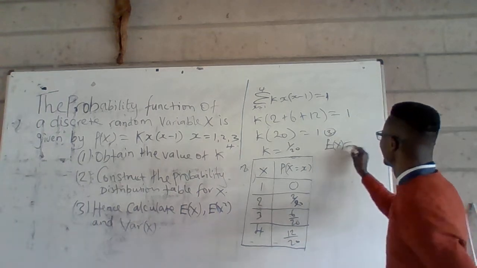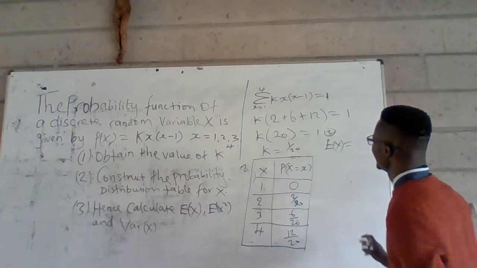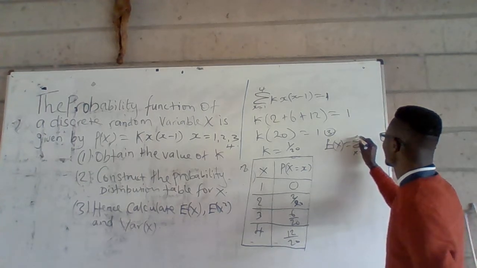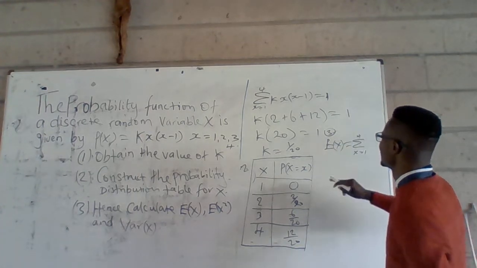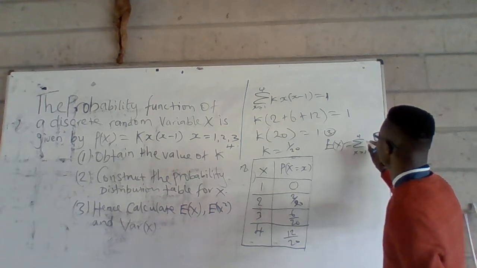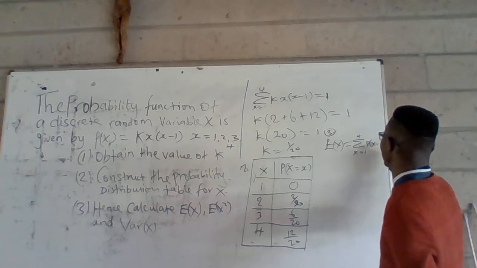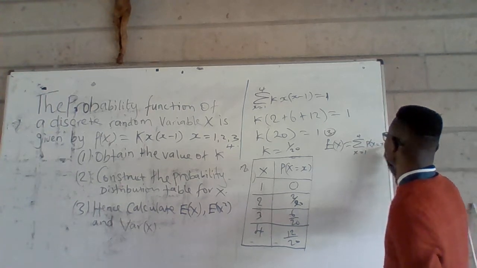And we know by definition, the expectation of x is simply the summation from x equals 1 up to 4 of x times the probability of x.